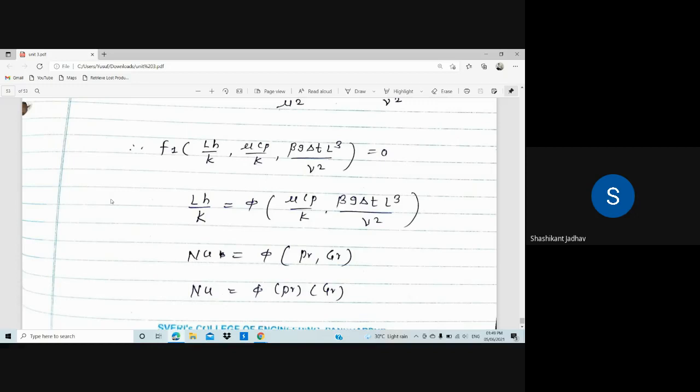Okay, so what is the final equation? Nusselt number is a function of Prandtl number and Grashof number. So this is the relation for natural convection.